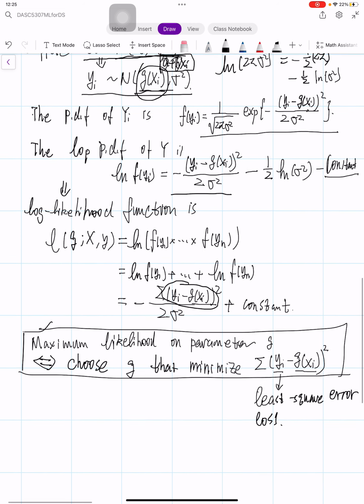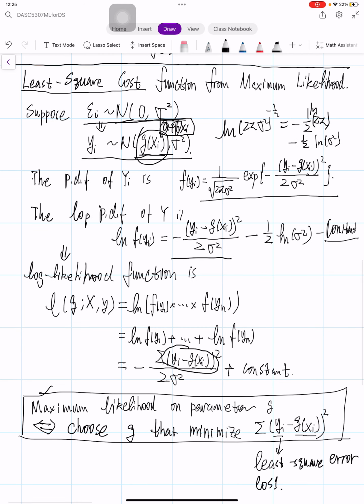There are some notes here. If the error follows a normal distribution, maybe it's okay. But in a lot of real-world problems, the distribution is usually not normal. For example, your distribution could be skewed, not symmetric, or it has heavy tails, where you can assume t distributions.